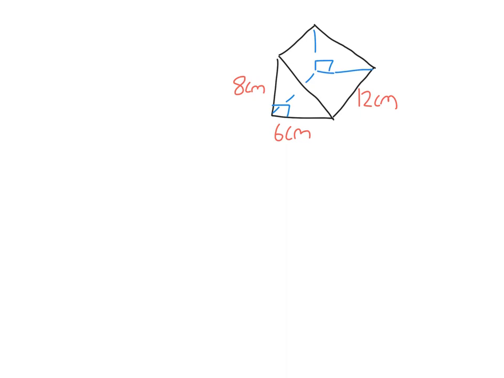So, total surface area. We'll start with the triangles at the front and the back. The area of a triangle is base times perpendicular height divide 2. Now we need to times that by 2 because there are 2 triangles in a triangular prism. Again, we're going to assume that this shape is closed. Okay, now there are 3 rectangles.